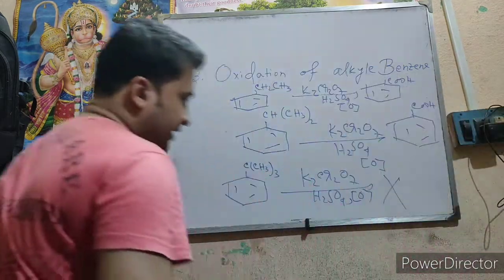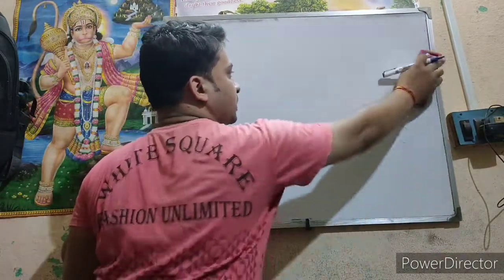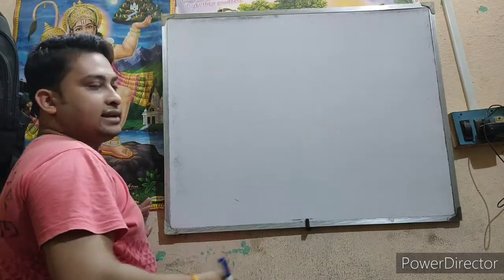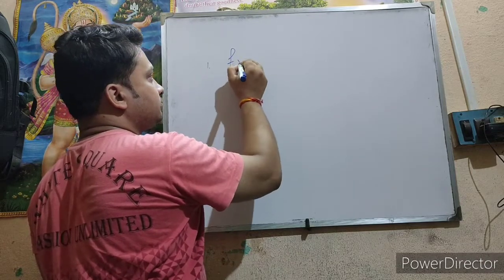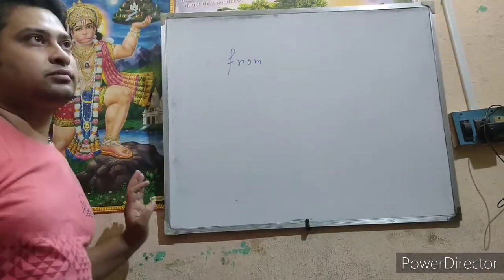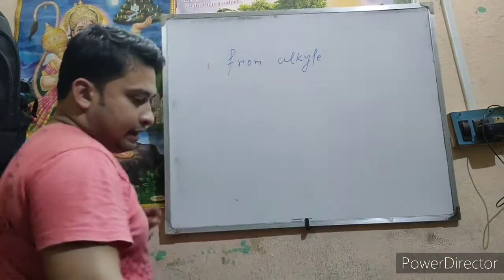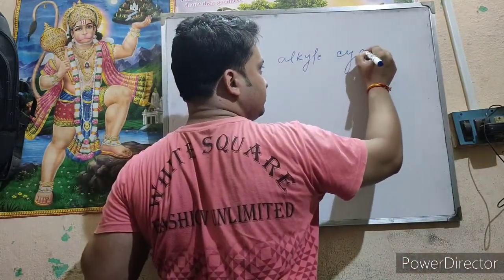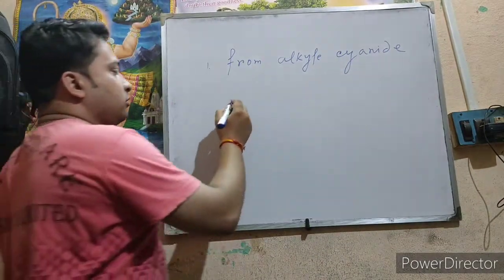Now the fourth method is hydrolysis of alkyl cyanide. So from alkyl cyanide, I give you the simple process.